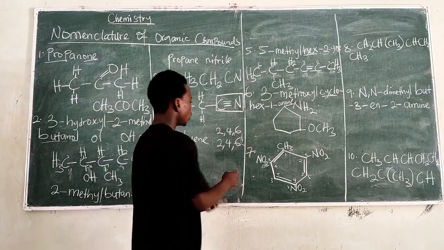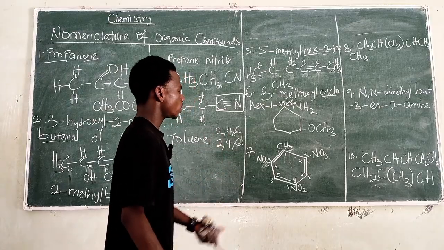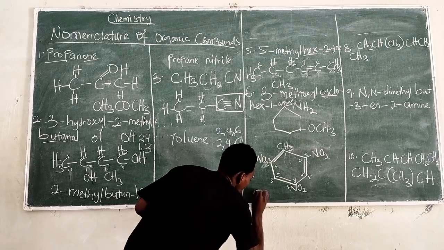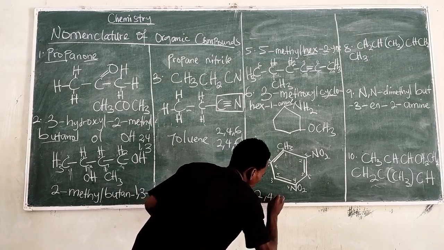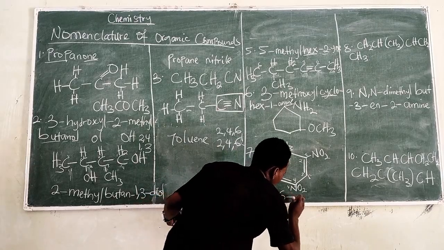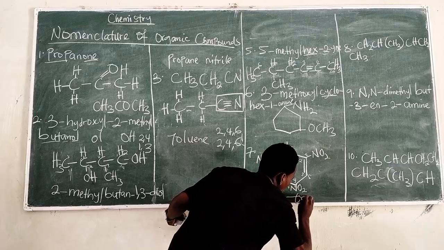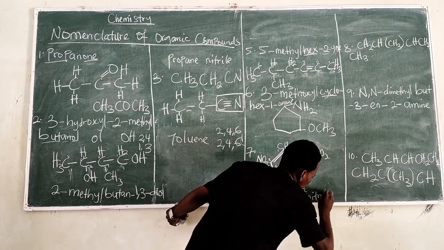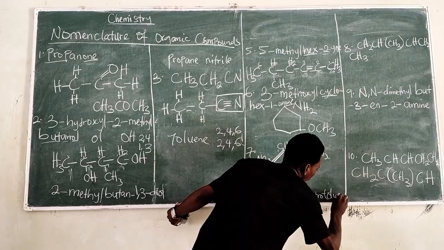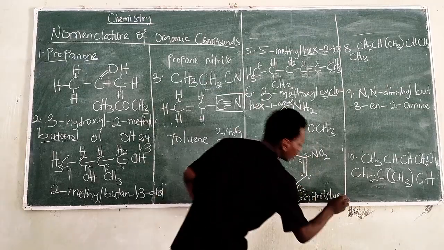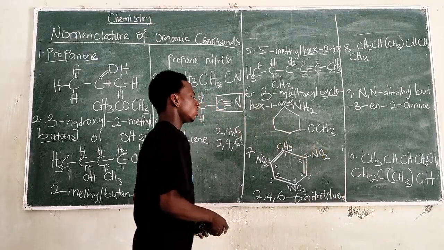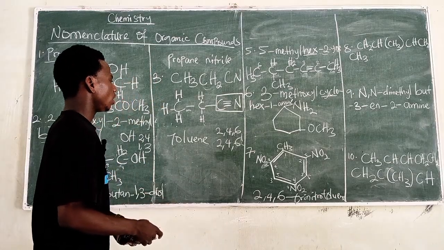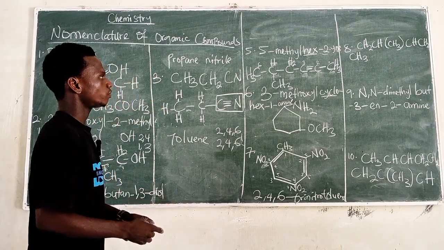On positions 2, 4, and 6, we have 3 nitro. So the name of this compound is 2,4,6-trinitrotoluene. So that is the name of the benzene ring structure in number 7.